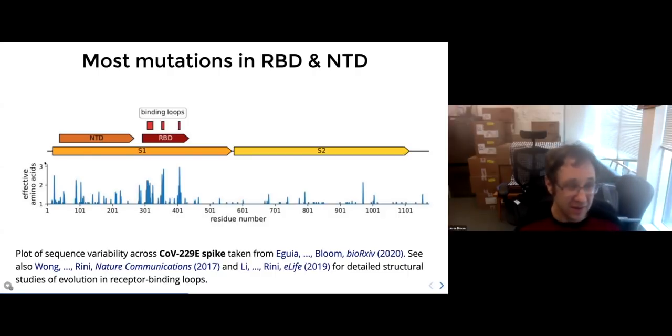If you plot over this 40-year time frame where the sequence variability is in this spike, you can see the sequence variability is especially concentrated in the binding loops in the receptor binding domain. And then there's also quite a bit of sequence variability in the N-terminal domain.